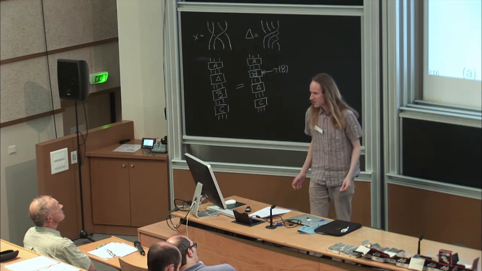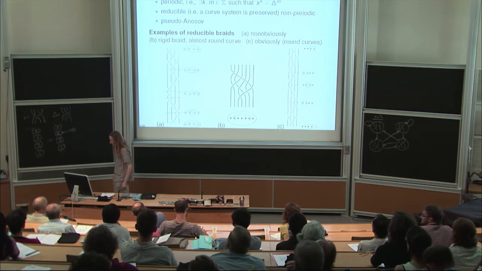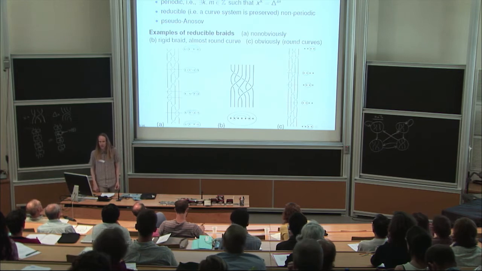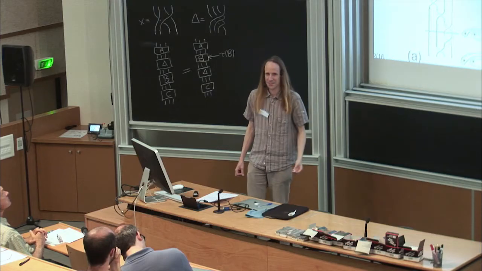So a quick reminder of the Nielsen-Thurston classification. Every braid is exactly one of the following. It can be periodic, which in our context you have to adapt the obvious definition a little bit: some power of the braid is equal to some power of delta squared.